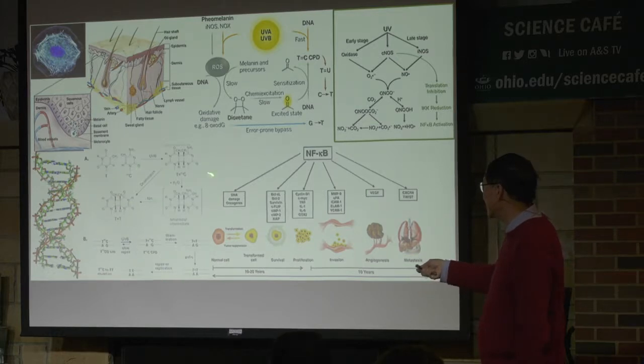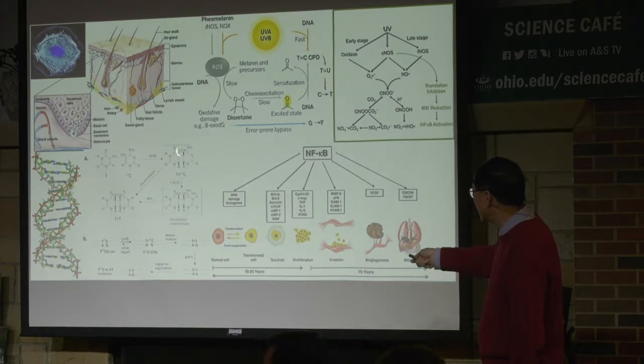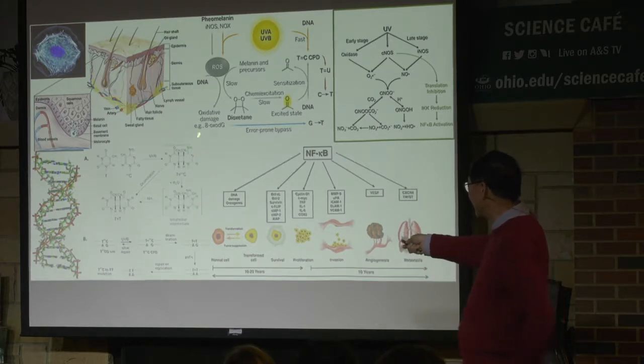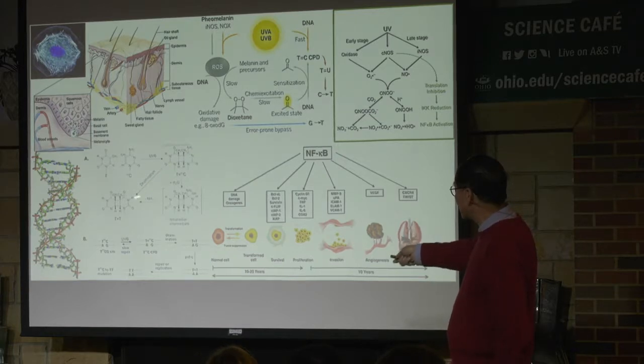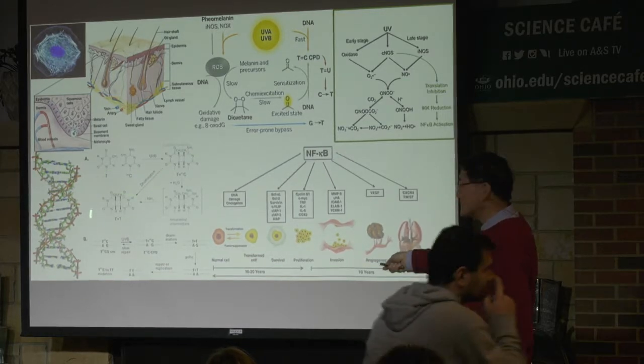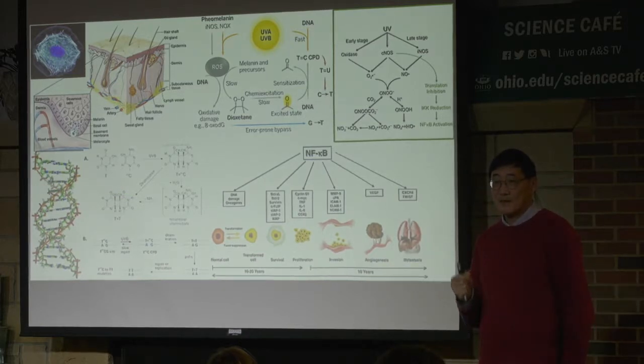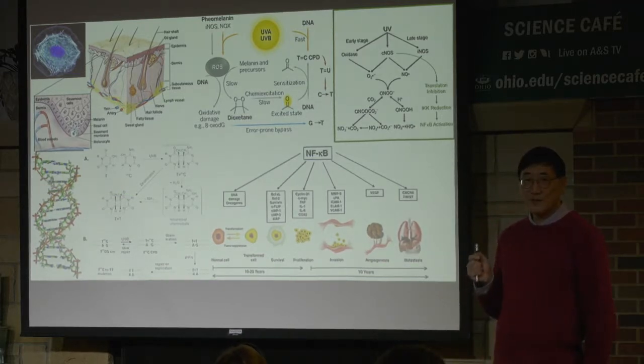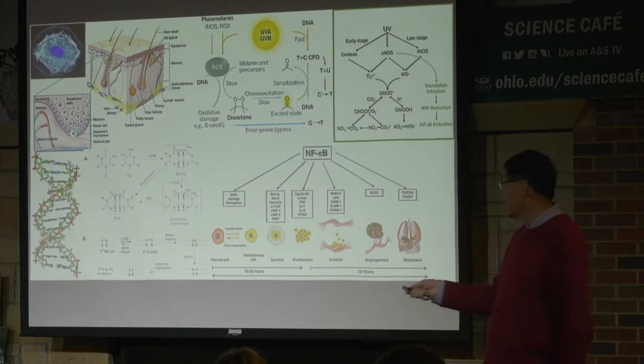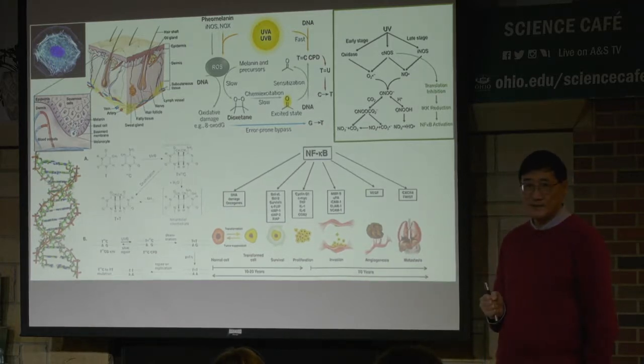If T and C form the dimer, the difference is there is an amine here, so it can be removed after they get dimerized, and it deaminizes, and then it becomes 2 T's. So TC becomes TT, and this is a signature mutation in skin cancer. 70+% of skin cancer contain this signature mutation.